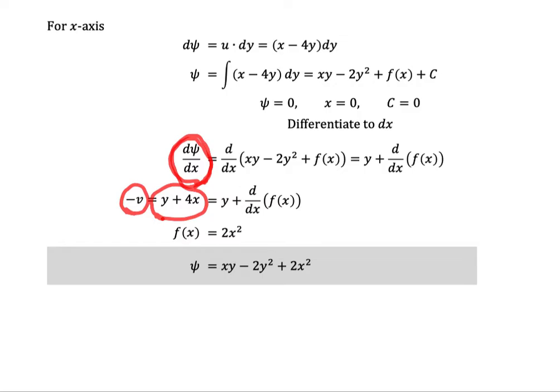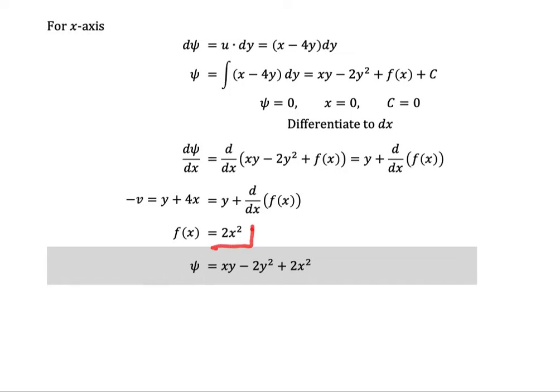And then we put it here, so we have y plus 4x equal to y plus d dx of f(x), and then we could cancel the value of y here. So we have 4x equal to d dx of f(x), and we could do the integration to get the value of f(x). If you do the integration, the value of f(x) is equal to 2x squared.